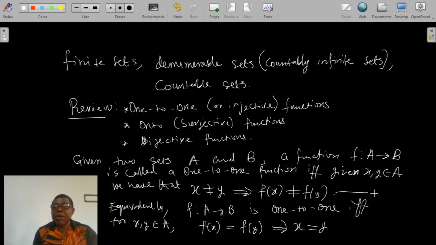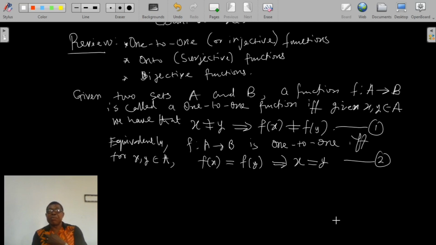So assuming I label here 1 and here 2, 1 and 2 are contrapositive statements, and therefore they are equivalent. And that gives us a way of showing that a function is one-to-one. To show that a function is one-to-one, we show that either 1 holds or 2 holds. That is to say, if we can show that distinct elements have distinct images, then we are done. If we can show that whenever images of 2 points are the same, then the 2 points are the same, then that also justifies that the function is one-to-one.